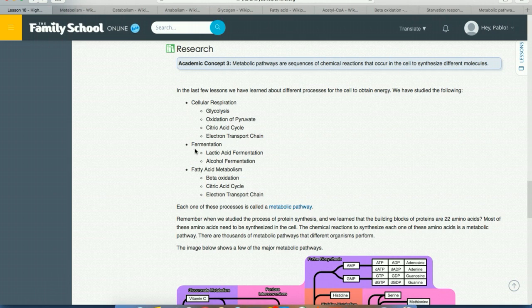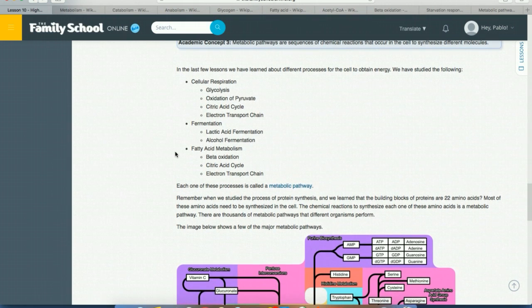We studied fermentation, how it is related to glycolysis, and thus lactic acid fermentation and alcohol fermentation. Fatty acid metabolism, we just learned about beta oxidation and how it also feeds the citric acid cycle. Each one of these processes is called a metabolic pathway.